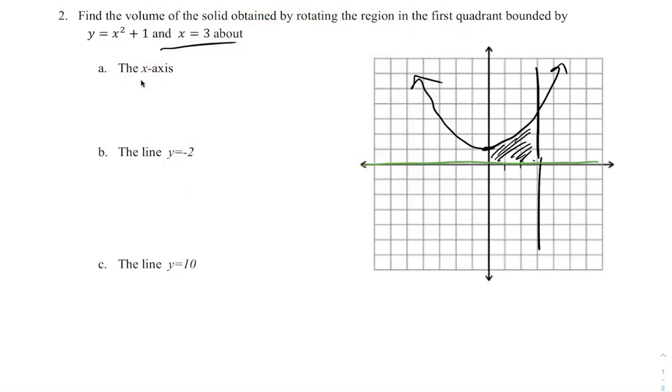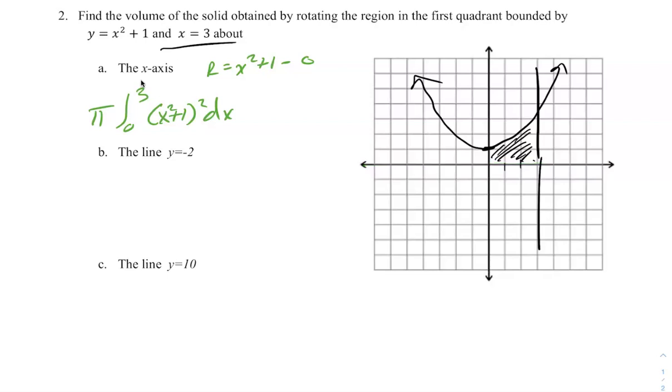In this case, my r is going to be x squared plus 1 minus 0. So we're going to do pi integral from 0 to 3 of (x squared plus 1) squared dx. Again, don't need to solve it. There's my answer.